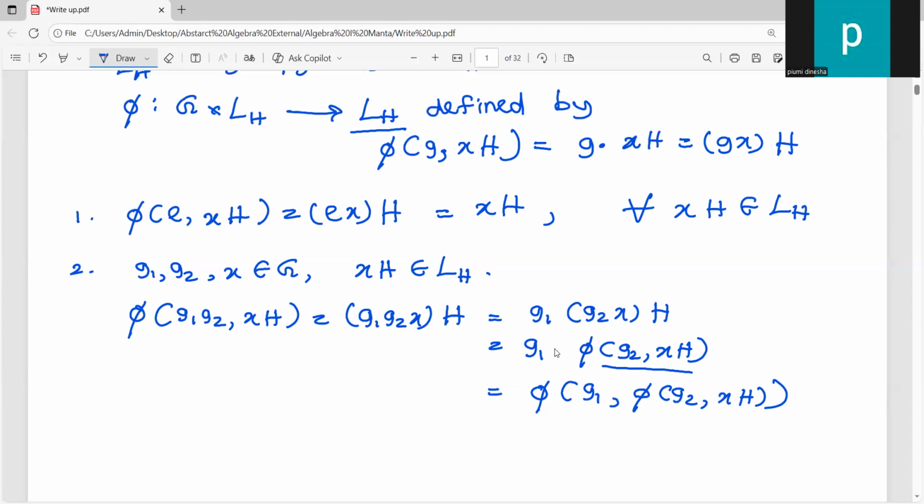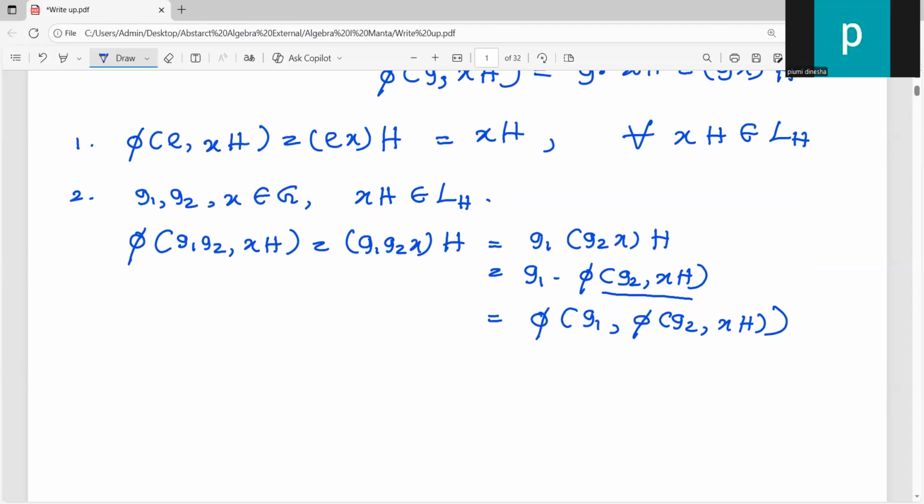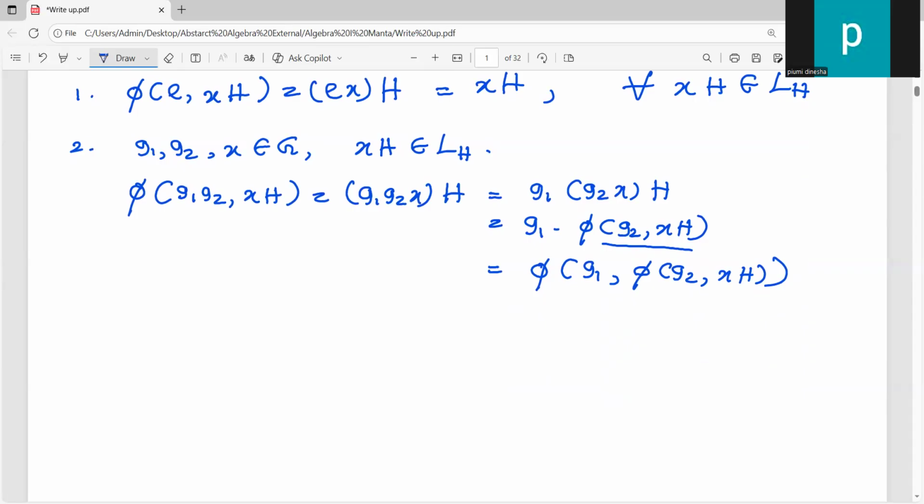So you take G1 dot this element by definition. If you go over here by definition, this is simply phi of G1 times that element in L sub H. So the second condition is also satisfied. Therefore, we see that this is indeed a group action.